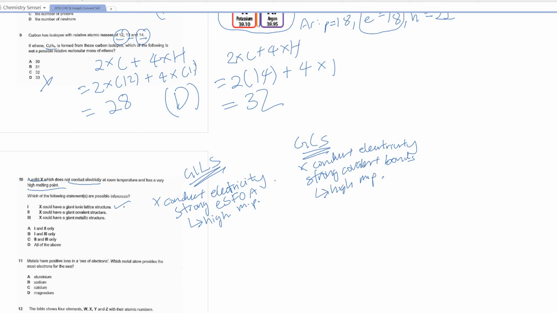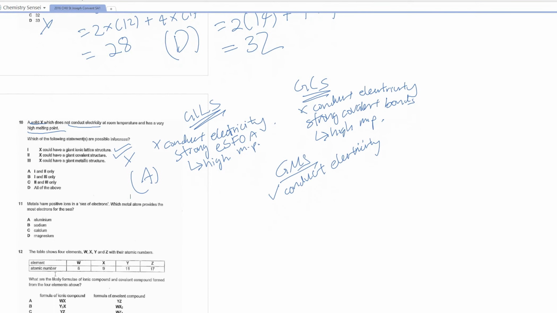We can conclude that giant covalent structure is a possible structure for solid X. How about giant metallic structure? Giant metallic structure can conduct electricity due to the presence of free mobile electrons that act as mobile charge carriers. So option 3 is incorrect. So the only correct answer is 1 and 2, which is option A.